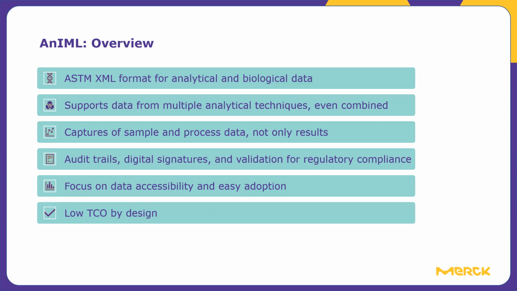And the fact that Animal is based on the XML ecosystem means that the data that is stored in Animal can be used out of the box in tens of thousands of tools today, even if they were not specifically built for the lab. And so many of the design choices in Animal really led to a low total cost of ownership, which is something that we, as both a vendor and an end user, are really looking for.